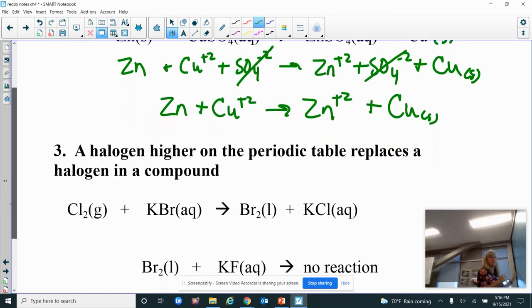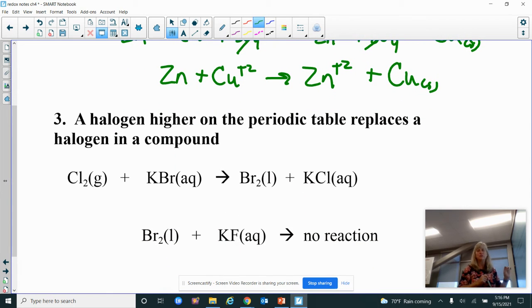The third kind of single replacement is a halogen replacing a halogen. So this one, we just look at the periodic table, and any halogen higher on the chart can replace a lower halogen, not vice versa. So we look, chlorine is higher, so it's more reactive than bromine. So yes, chlorine can kick out bromine. Remember Hofbrinkel, it's Cl2, not Cl by itself.